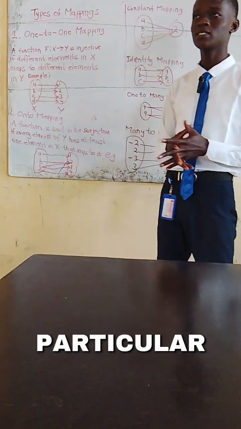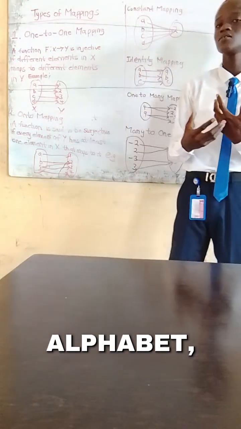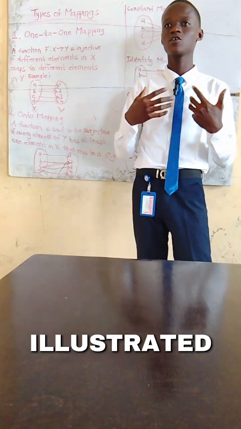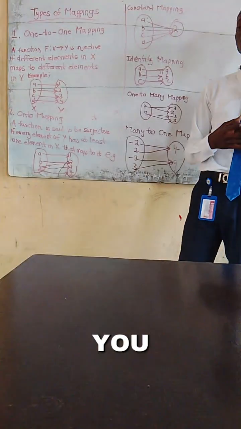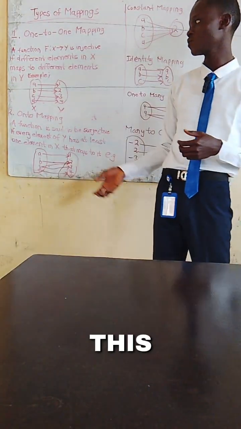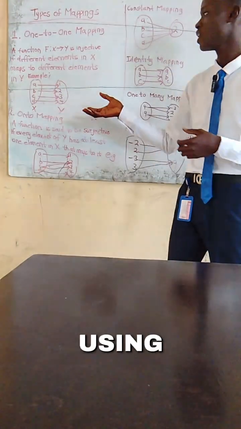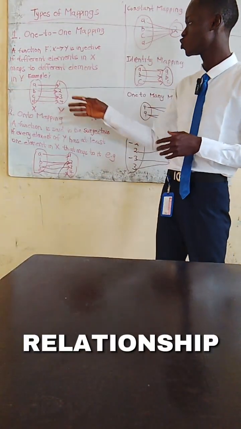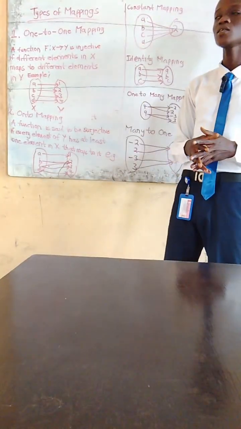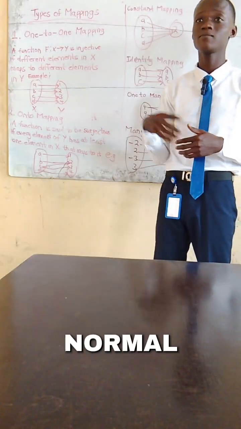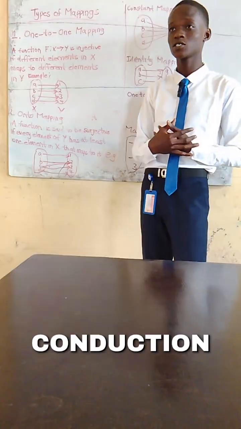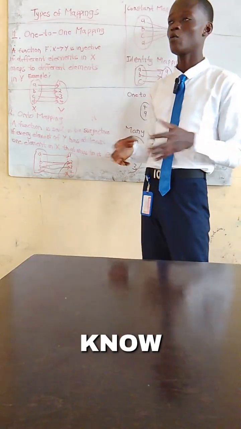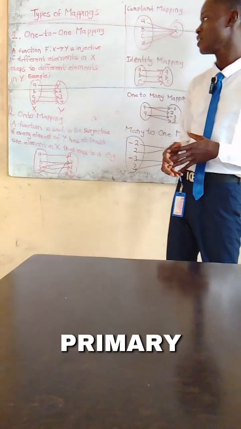In this particular case, it can be illustrated in alphabet, in numbers, or in objects. Anyhow you pick the example to be. I illustrated it using alphabet and numbers mapping to each other, showing the relationship between two sets. In our normal English, we know what a conjunction is: a joining word, which we know from our primary levels.